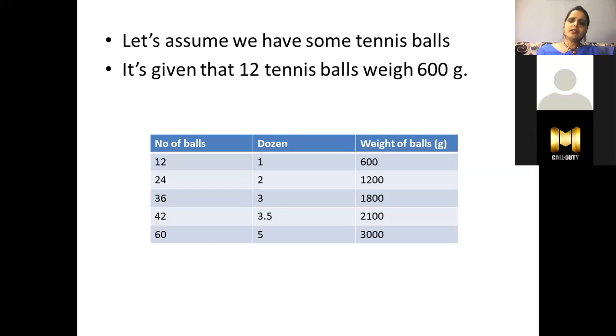Now, why are we discussing balls, their weight and dozen? How is it related to us? Of course, it is related to us because we are going to extend this understanding to the mole concept. And why did we take the example of a dozen or a ball? Because we can visualize them. Because we have bought items in dozens. For example, we buy a dozen bananas.